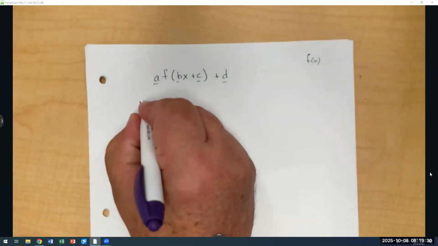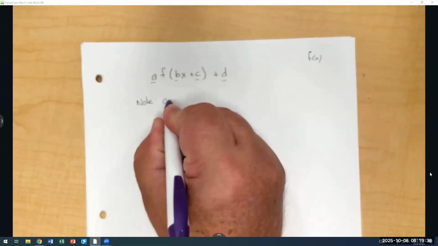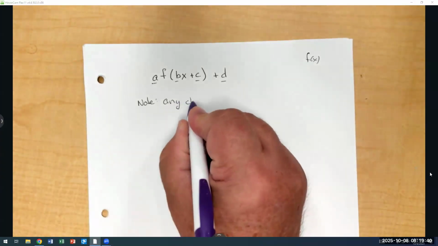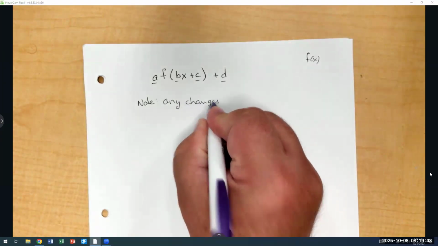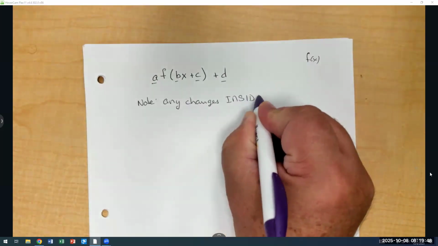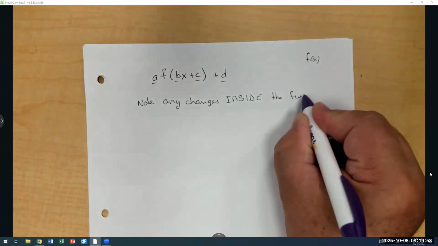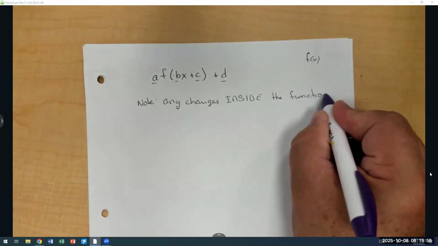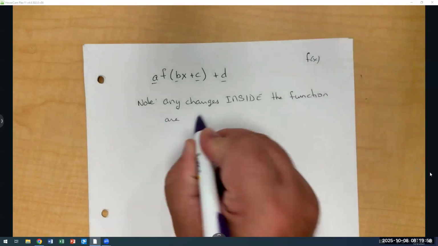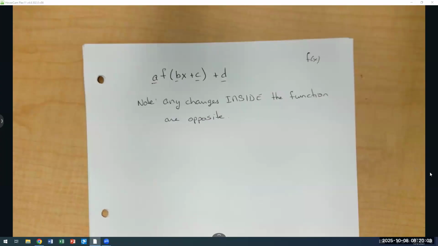Okay, note. Here's a note. Any changes inside the function are opposite. And they'll make more sense in a little bit.